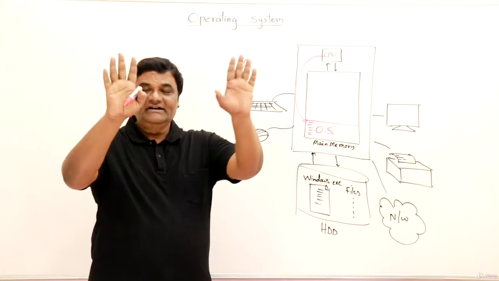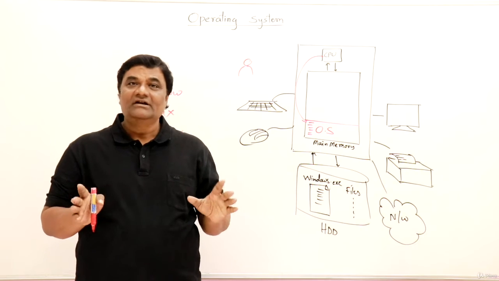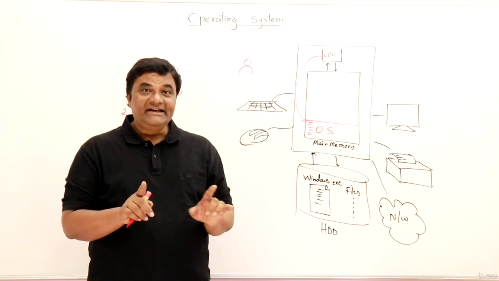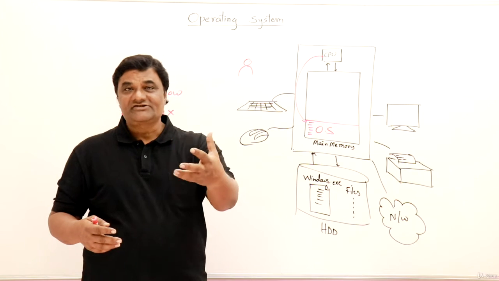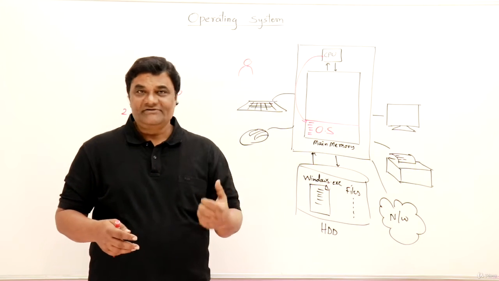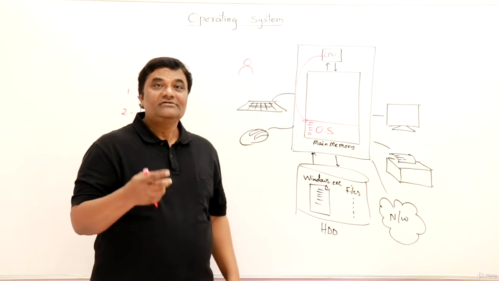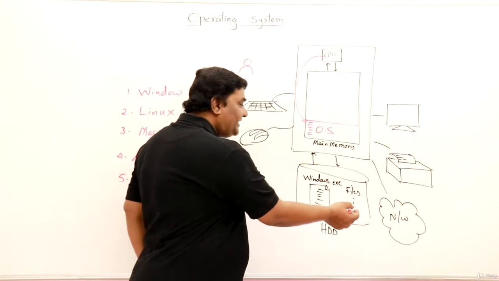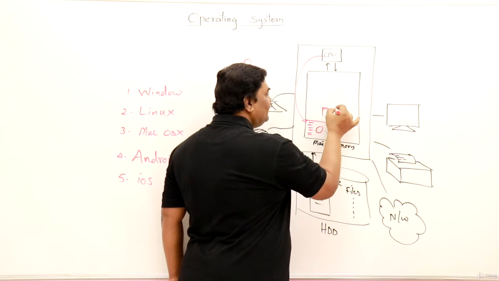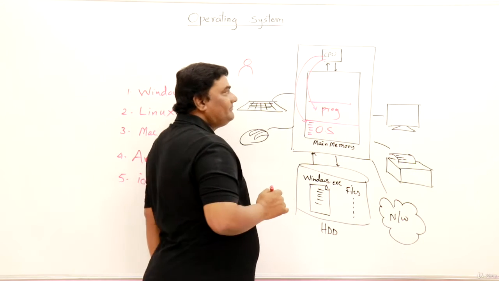The screen full of icons and the mouse cursor, all this is displayed by the operating system, and it is ready to take instructions or commands from you. You click on some icon for opening an application. How does it work? The operating system running inside the CPU will bring that program inside the main memory and ask the CPU to execute it.